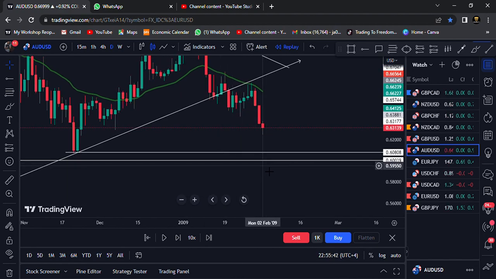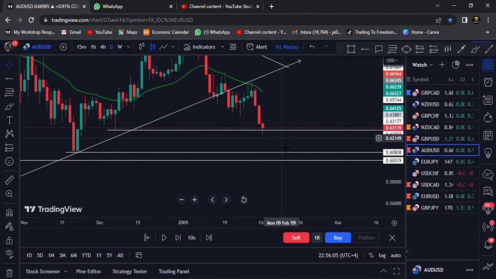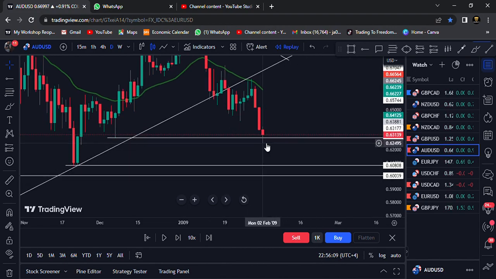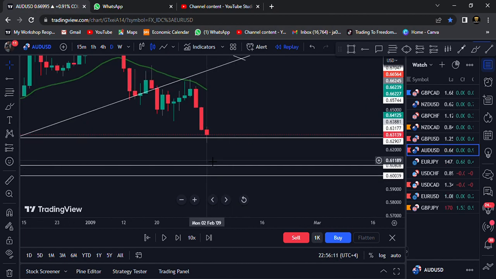We will not understand at all why this candle is forming a hammer. This is already Monday, February 2nd, 2009. This was Friday, January 30th. So if we didn't put this one, we will not know why this candle acted this way. Since we did put it, now we understand very well why this candle is like this, because it actually hit a level here, a support here, and it rejected that support.